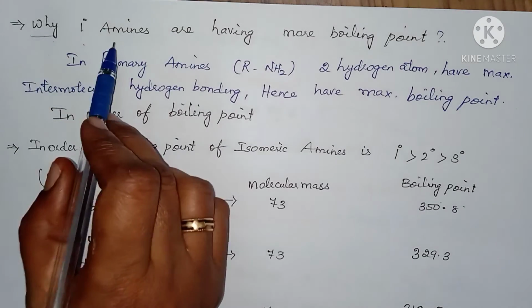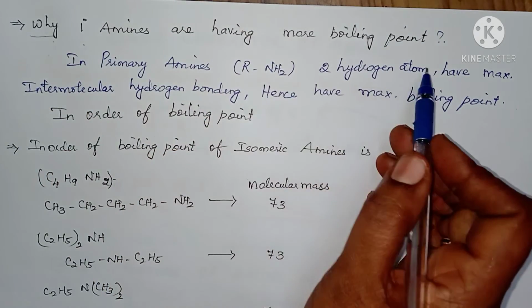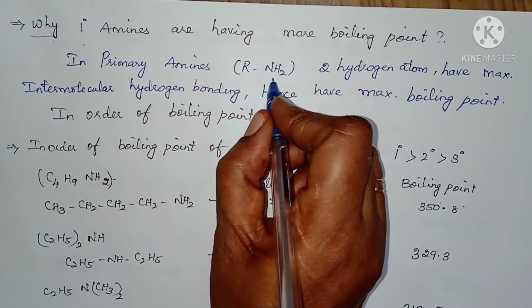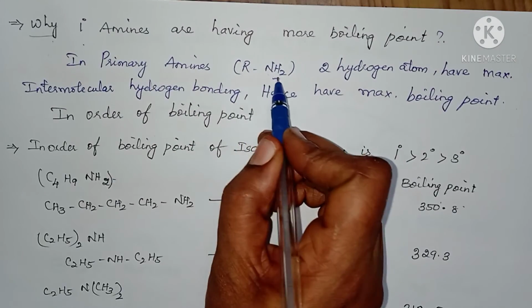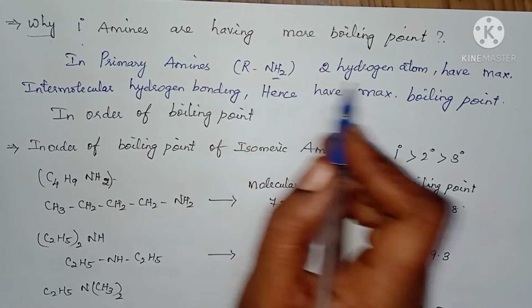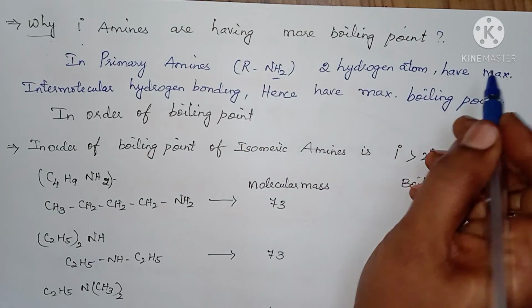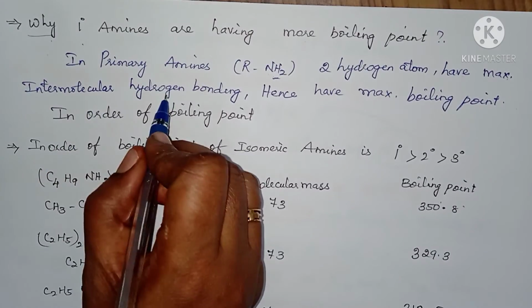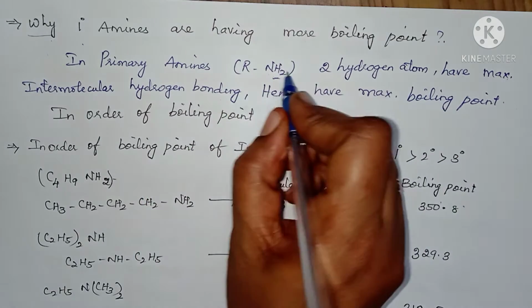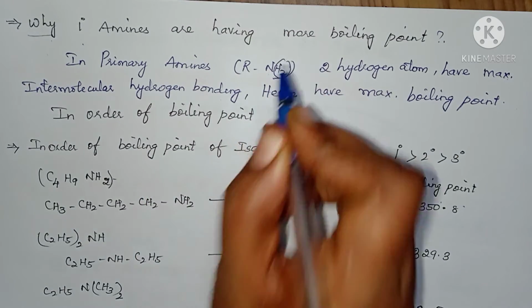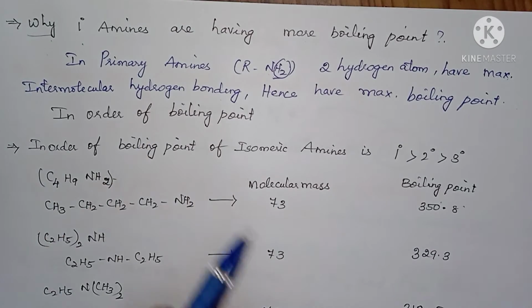Come to the point, why do primary amines have a higher boiling point? Naturally, a hydrogen bond is there. This is the primary amine I just mentioned. In primary amine, the two hydrogen atoms give maximum intermolecular hydrogen bonding, hence they have the maximum boiling point. So intermolecular hydrogen bonding is available.